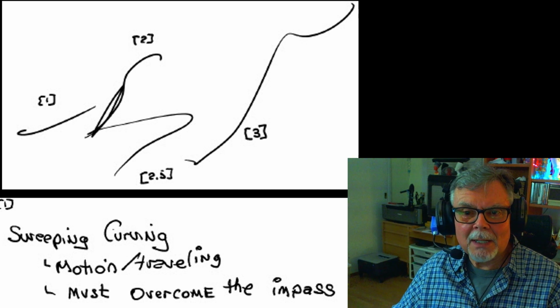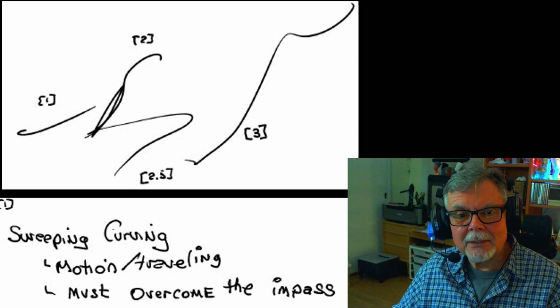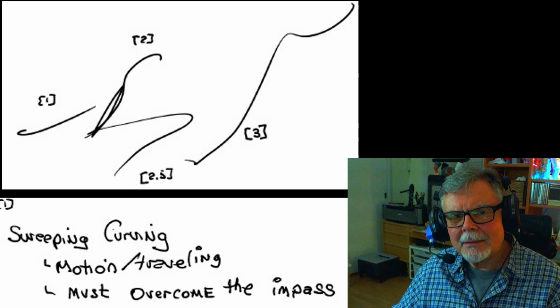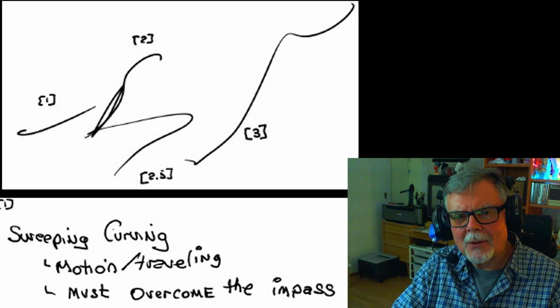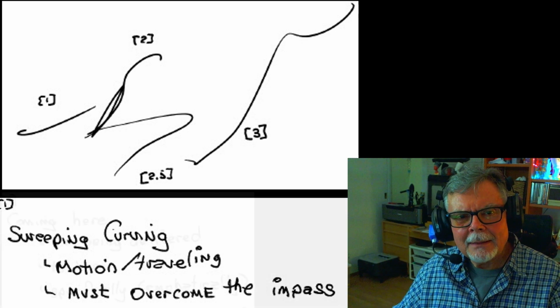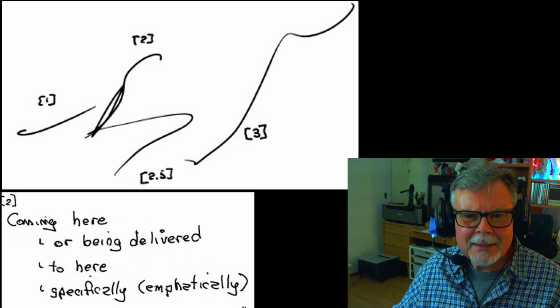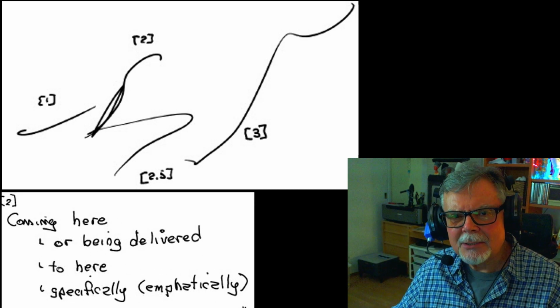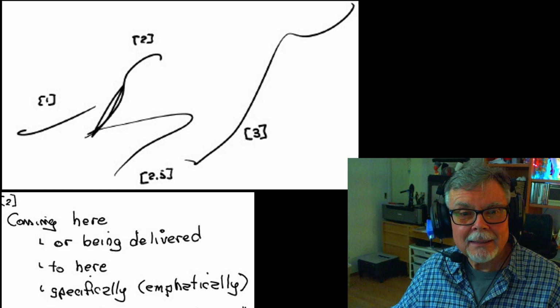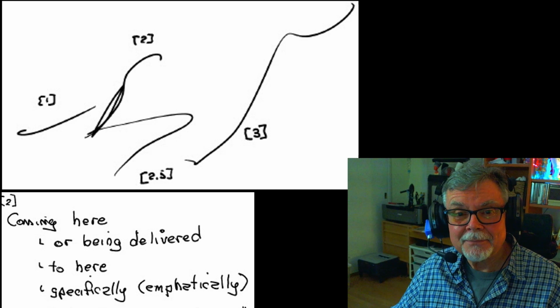If we're talking about an interstellar object here, I wonder if the impasse might be the Earth's atmospheric layer. The second part seemed to continue on this theme with the sweeping traveling motion, now cited as coming here emphatically.